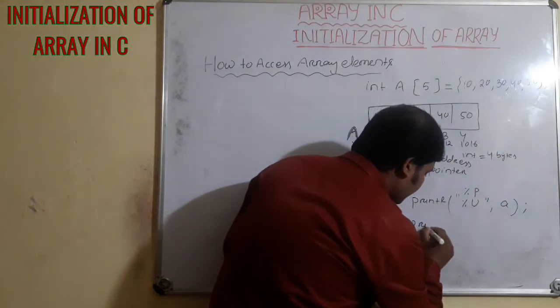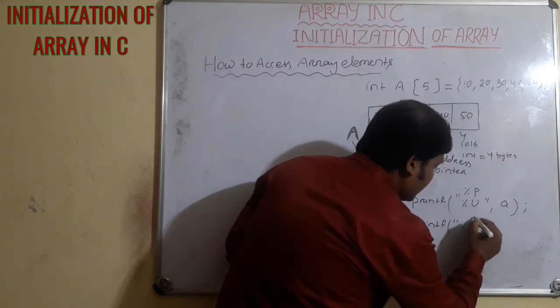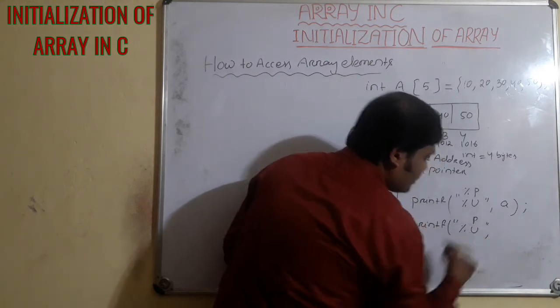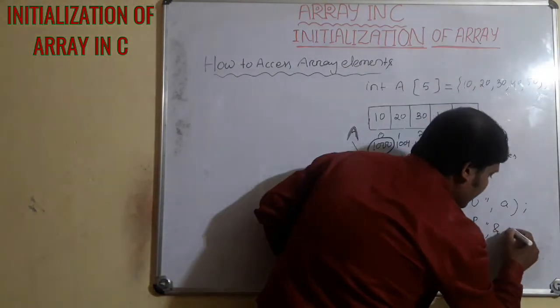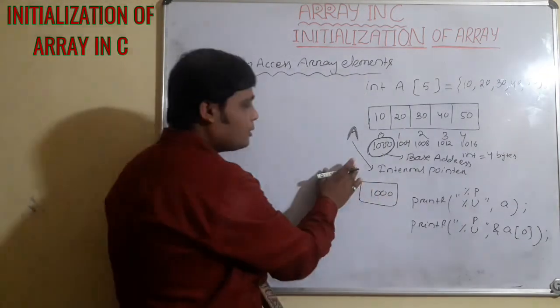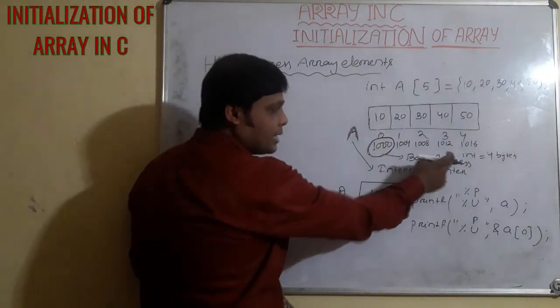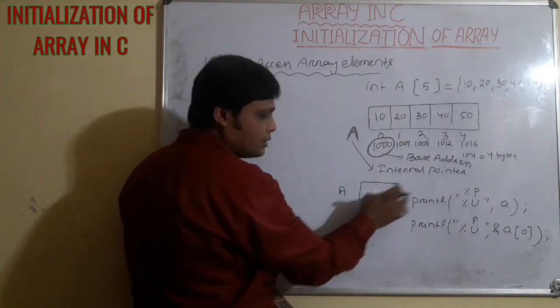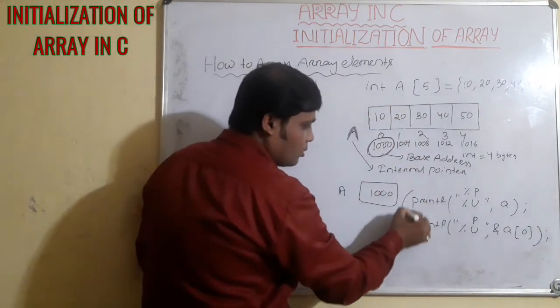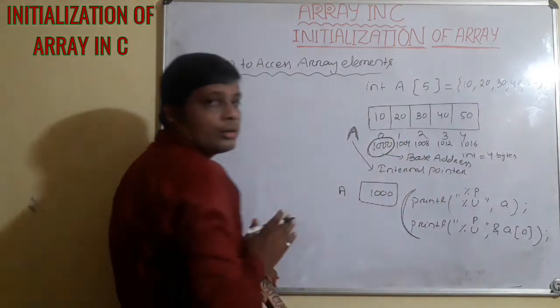And also print, with the same percent u or percent p, ampersand A of 0. Because I have already told that it keeps the address of the first location, that is the base address of the array. Just check whether these two printf statements are printing the same value or not.